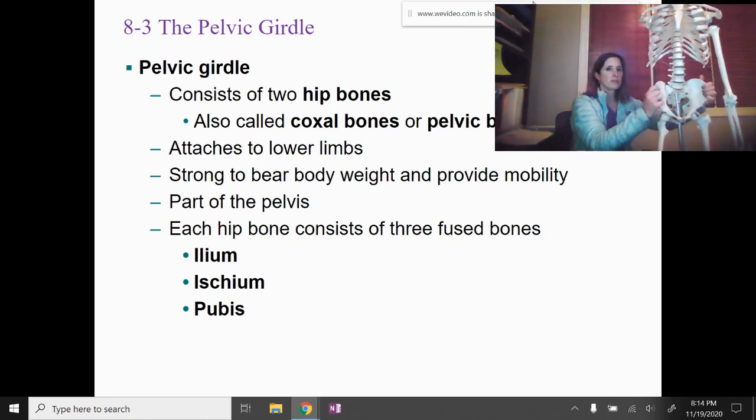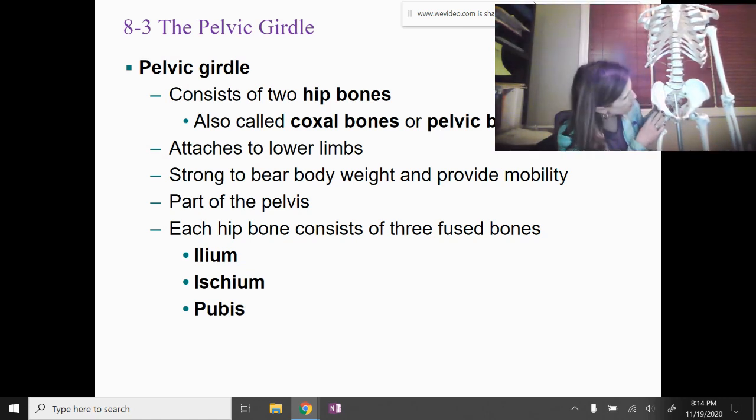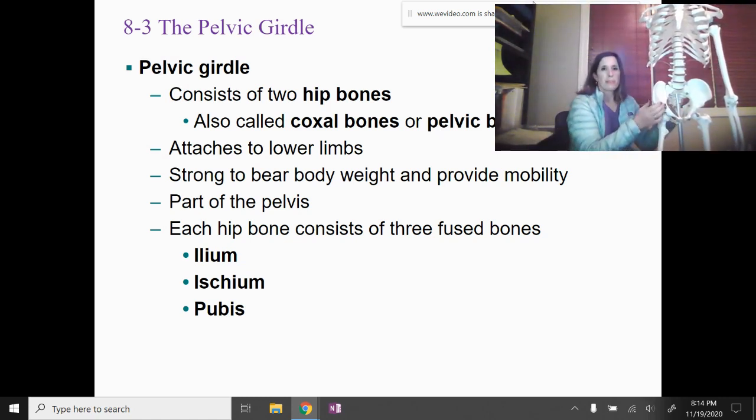These bones are also called coxal bones or pelvic bones, and this helps attach to the lower limb. There's one here, and then you have learned the sacrum, which is back here. That provides stability, and the hip bones attach the lower limbs to the axial skeleton.